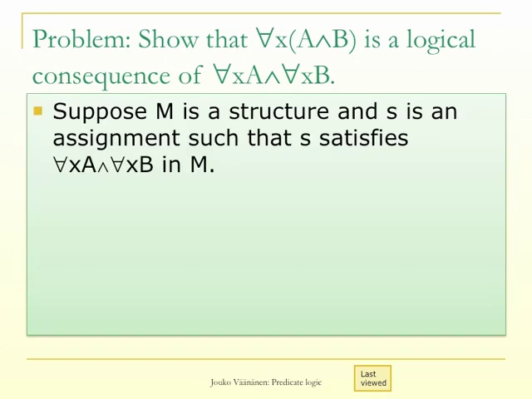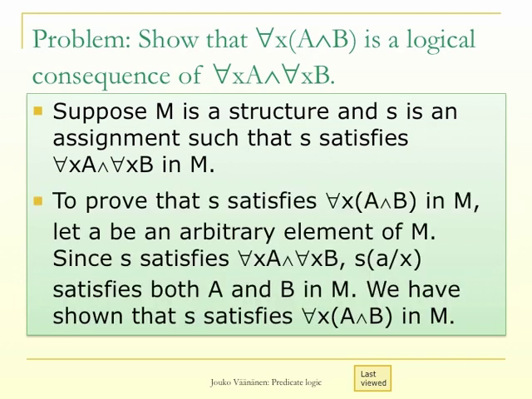Suppose M is a structure and s is an assignment such that s satisfies the conjunction ∀xA and ∀xB in M. To prove that s satisfies ∀x(A and B) in M, let a be an arbitrary element of M. Since s satisfies the conjunction ∀xA and ∀xB, s(a/x) satisfies both A and B in M. We have shown that s satisfies ∀x(A and B) in M.